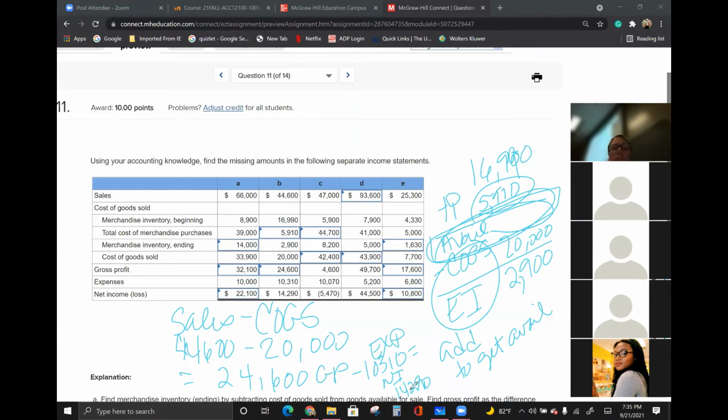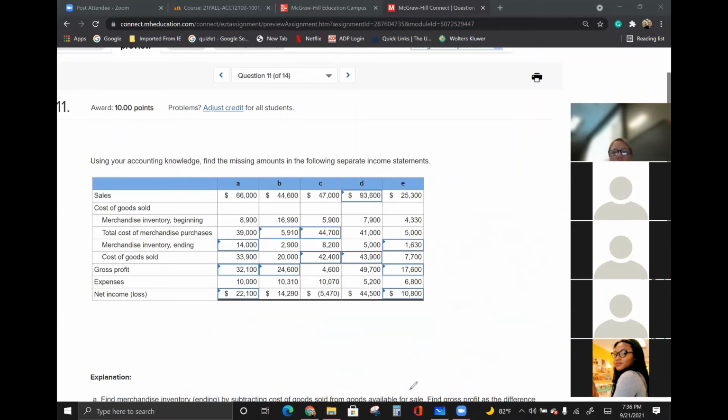Do y'all want to do one more like that? Okay, let's do C. So we have beginning inventory of 5,900. We have purchases, which we don't know. That gives me my available. And then it says we have ending inventory.